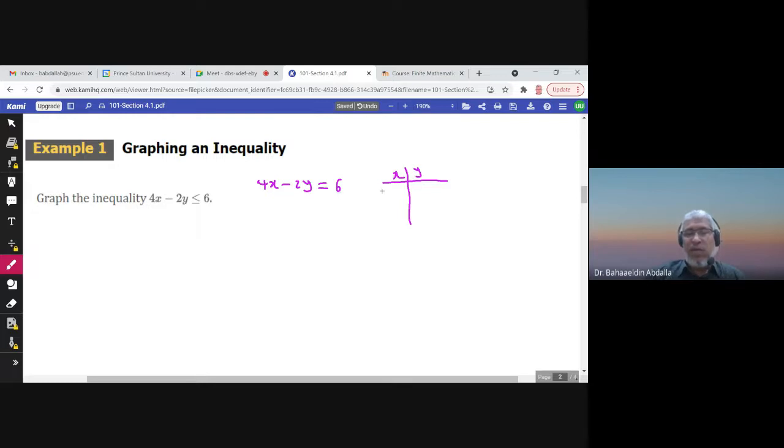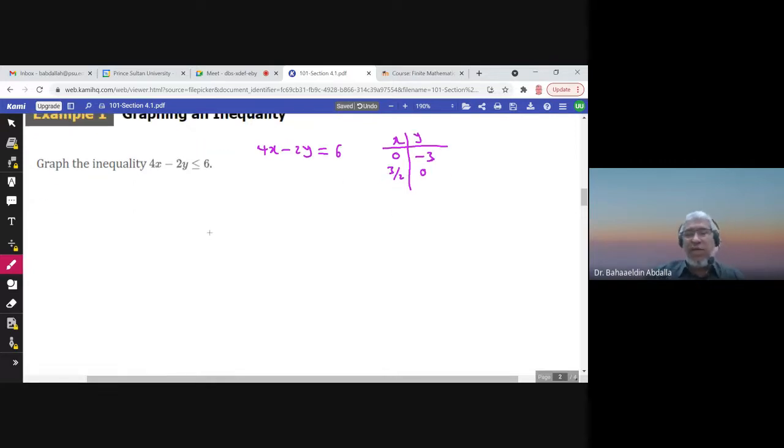If I put x = 0, then -2y = 6, and y is 6 over -2, and that's -3. If I put y = 0, then 4x = 6, and x would be 6 over 4, or 3 over 2.